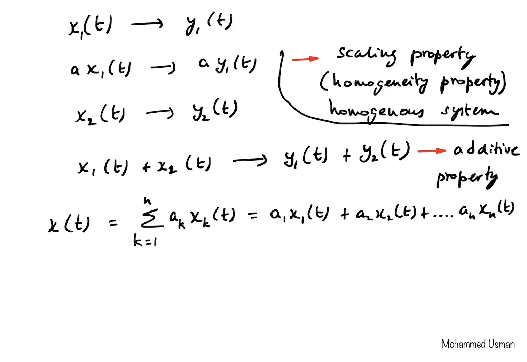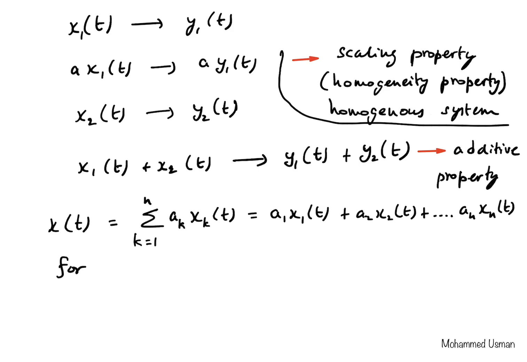For a linear system with x of t as input, suppose x1 of t produces an output y1 of t, x2 of t produces an output y2 of t, and xn of t produces an output yn of t.